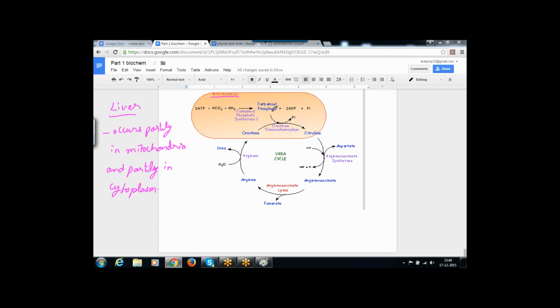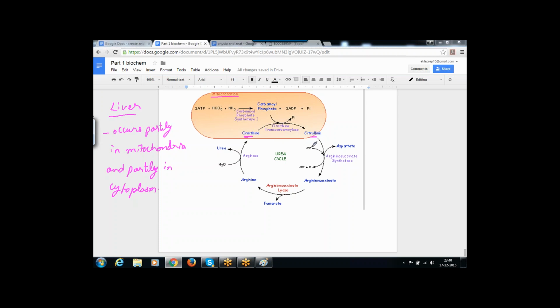This carbamoyl phosphate combines with ornithine to form citrulline. Remember these ornithine and citrulline, I told you, are non-protein forming amino acids, and they occur only in the urea cycle. So this is their role in urea cycle. They are intermediates of urea cycle. So this carbamoyl phosphate which is formed combines with ornithine and becomes citrulline.